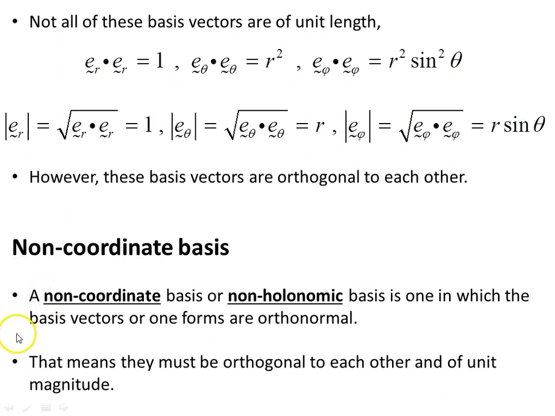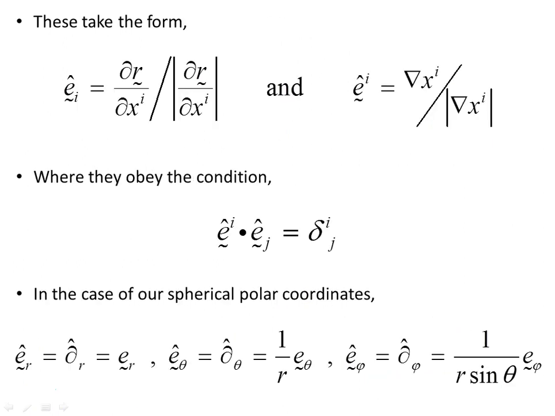Okay, now that brings us to the next part. A non-coordinate basis. What is meant by a non-coordinate basis or a non-holonomic basis is one in which the basis vectors or 1-forms are orthonormal. And to be orthonormal, that means they must be orthogonal to each other and of unit magnitude. So these take the form E subscript i is ∂r/∂xi times 1 over the modulus of ∂r/∂xi.